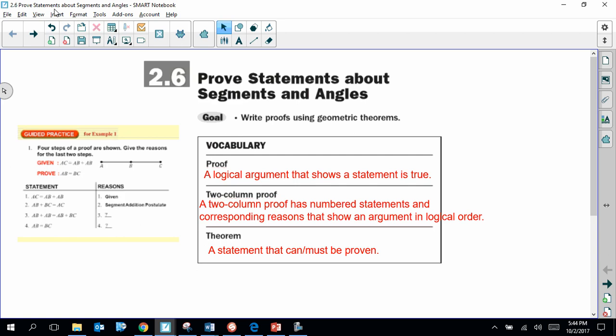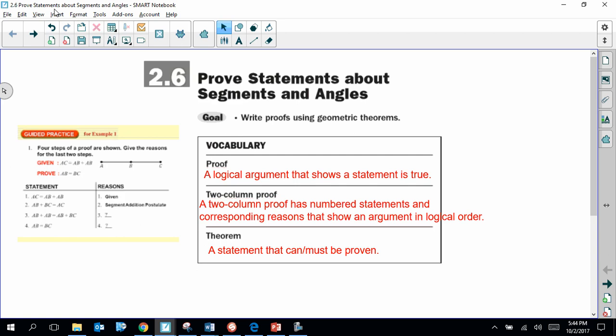A two-column proof looks exactly like what it sounds like. It is two columns where on the left side of the table or proof that we're making are the statements that we're using in a logical order, meaning that we progress from one statement to the next in a reasonable manner.